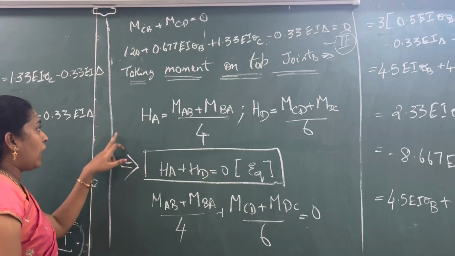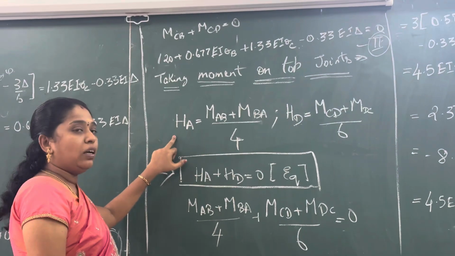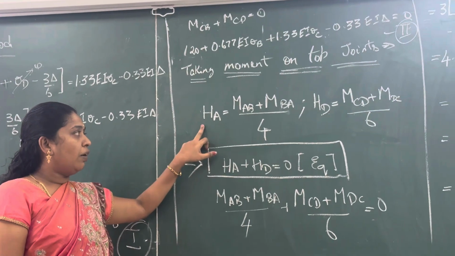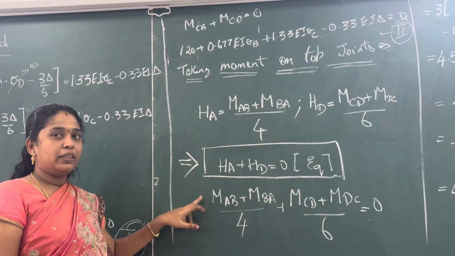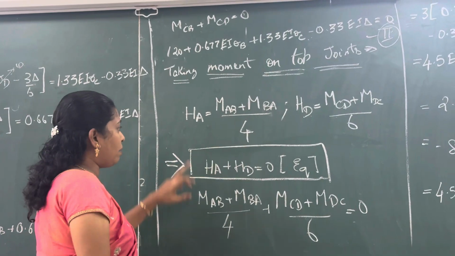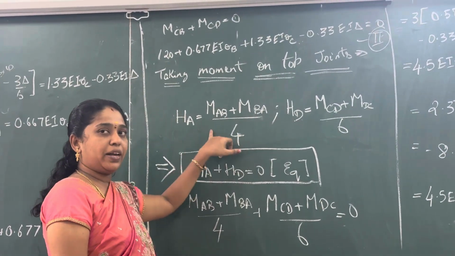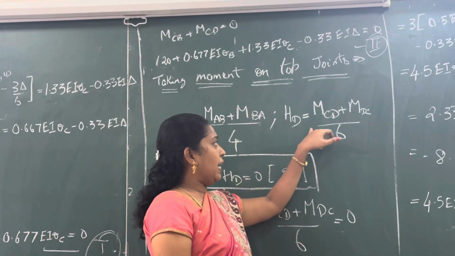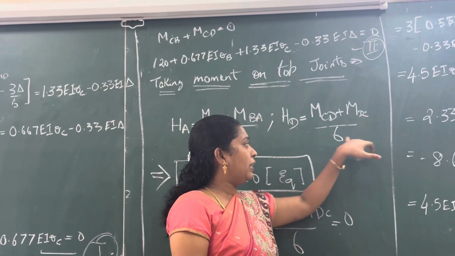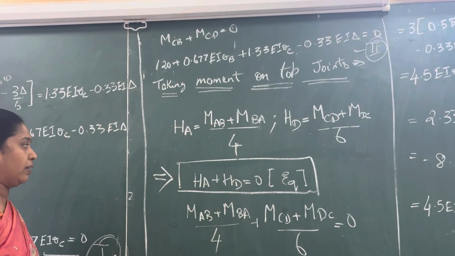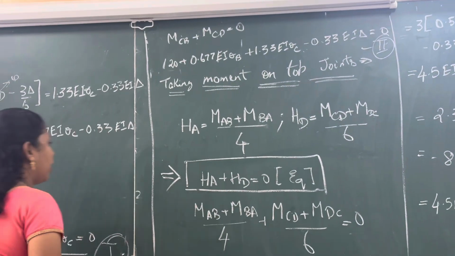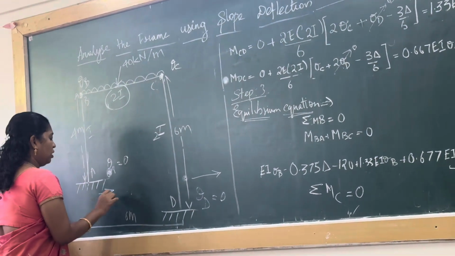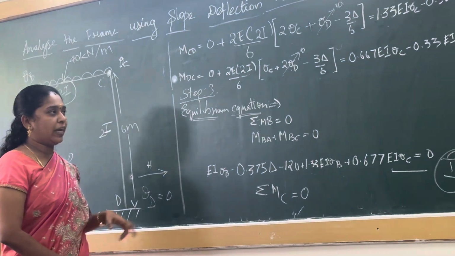So taking the moment on the joint, this is the different part from the previous one. So here we are going to find out the sway. HA equal to, this is the formula to find out the sway values, HA equal to MBA plus MAB divided by L. HD equal to MCD plus MDC divided by corresponding length L. So HA plus HD is equal to 0, because if it is in the equilibrium condition, when we are adding both H, it should get 0.